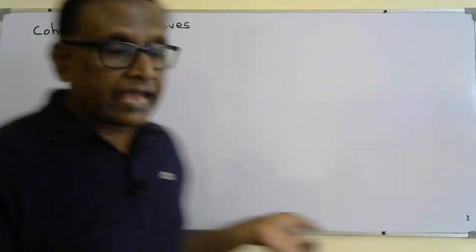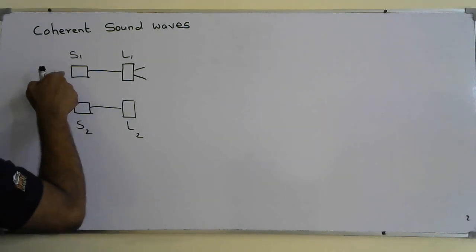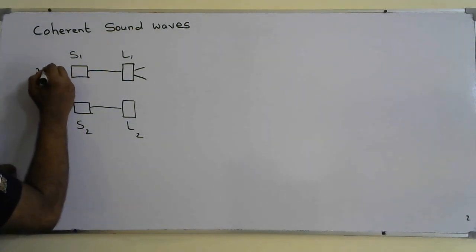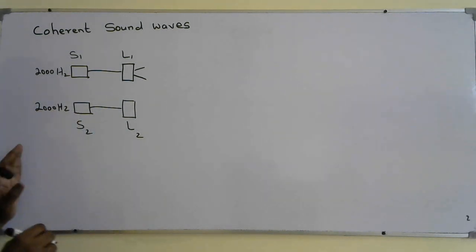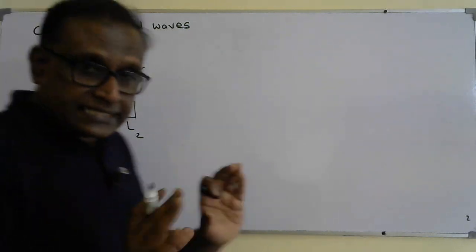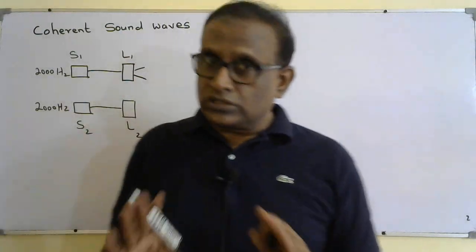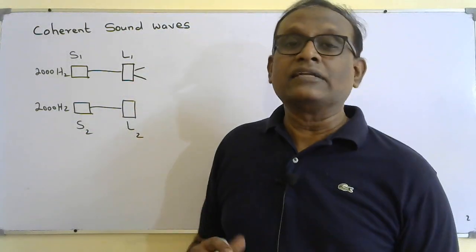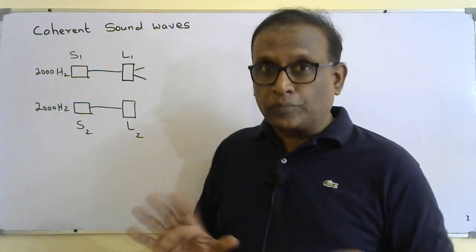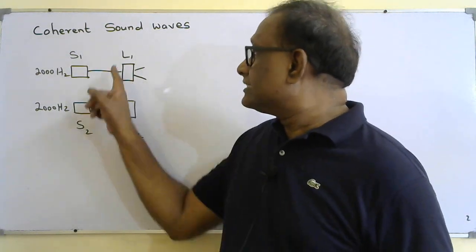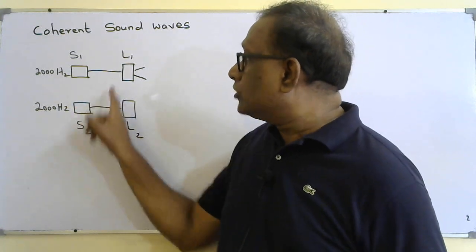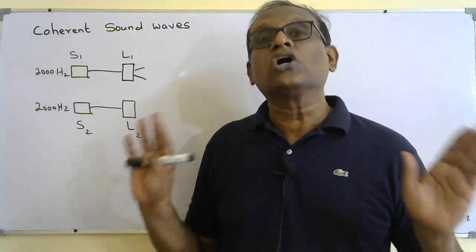Yes, you can. For example, the output of S1 could be 2000 hertz, and from S2 also a 2000 hertz AC output. Then both will emit the same frequency of sound, 2000 hertz. That means they will have the same wavelength, no problem. But the problem is the phase relationship between the two outputs won't remain constant.